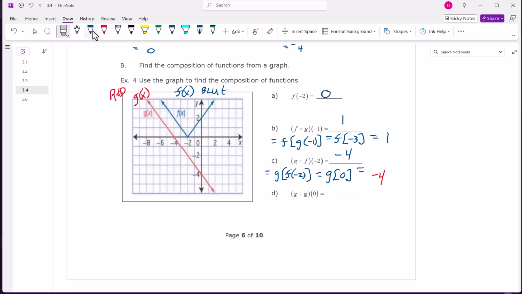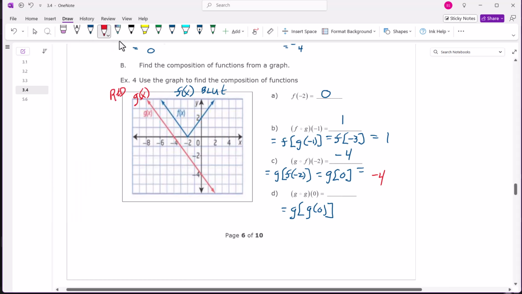And the last one here, we're going to write this as g bracket g of, not f of 0, g of 0. So what we'll do here is just go ahead and look up g of 0. When at 0, we're at this point, so that's negative 4.